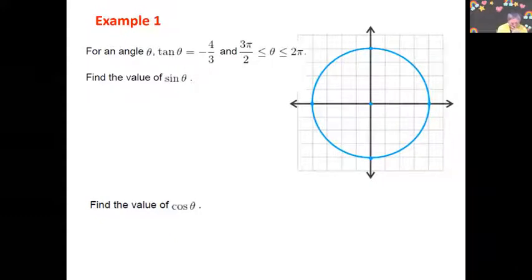First of all, let's verify which quadrant that angle theta is placed. The terminal side of the angle theta should be placed between 3π/2 and 2π. Then let's remember how we can verify the position of each angle all over the unit circle.